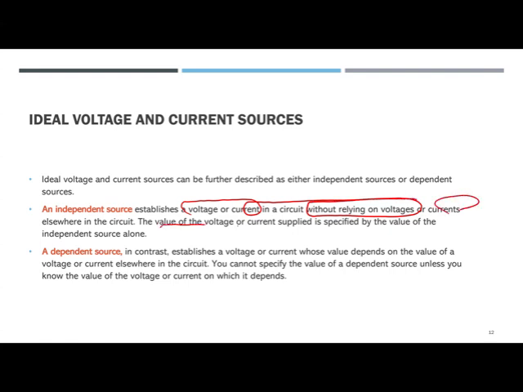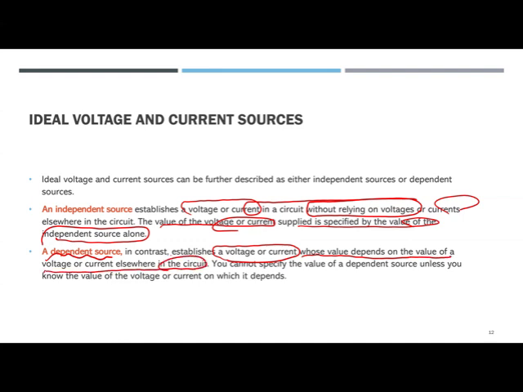The value of the voltage or current supplied is specified by the independent source alone, a specific constant value. However, for a dependent source, the voltage or current value depends on the value of a voltage or current elsewhere in the circuit, so you cannot specify the value of a dependent source unless you know the value of the voltage or current on which it depends.